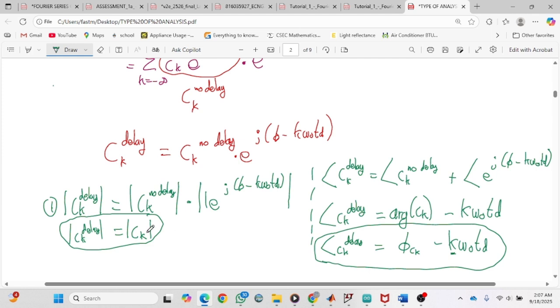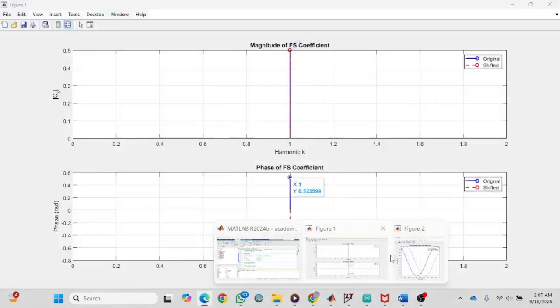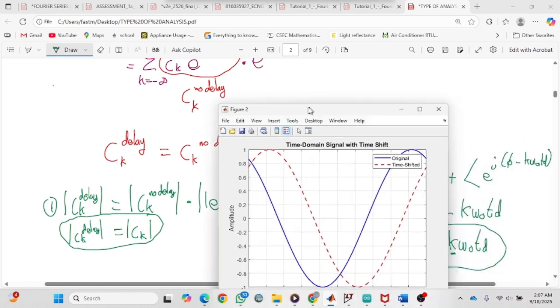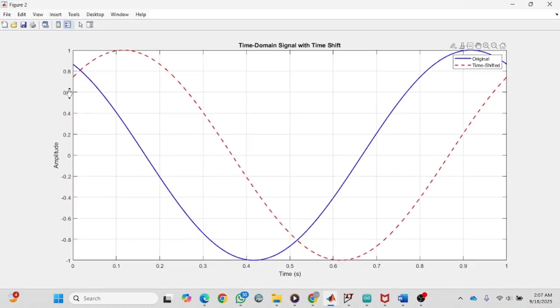So we clearly see in that the magnitude spectrum never changed, but the phase was shifted. We have one, and we can clearly see in the graph that the one sinusoid was actually shifted by pi on 6. So just picture 20 more of these original numbers as a sum of sinusoids.